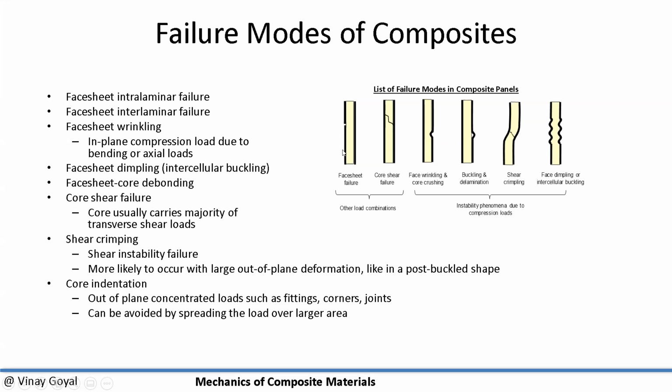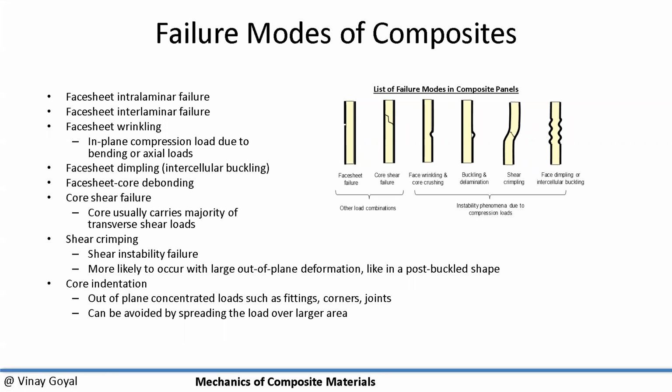So if I have an attachment, I want to make sure I know what I'm doing with that attachment carefully. Okay. I want to cover also a little more the face sheet wrinkling that I talked about. So face sheet wrinkling, which you see here, is the potential for in-plane compression load to be so severe that it pushes the core down. It crushes the core, and buckling then occurs as a consequence.